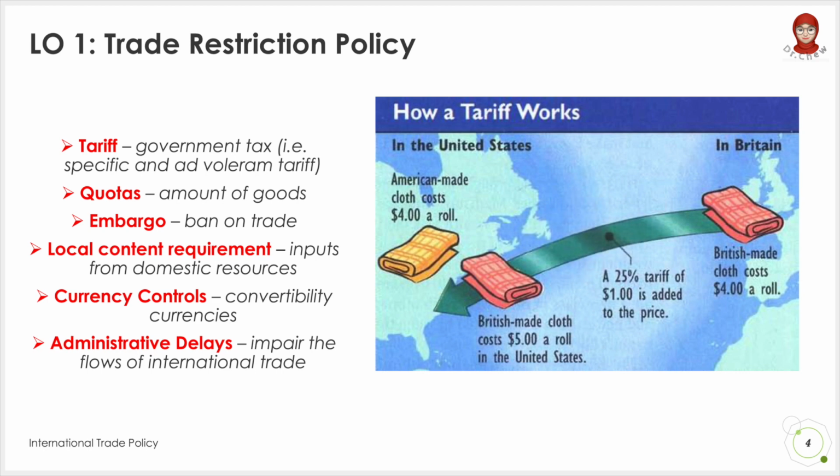Nations can use tariffs to protect domestic producers. For example, an import tariff raises the cost of imported goods and increases the appeal of domestically produced goods. In this way, domestic producers gain a protective barrier against imported goods.